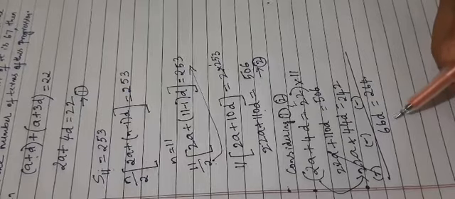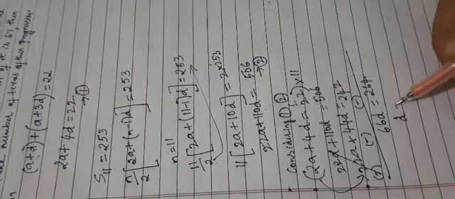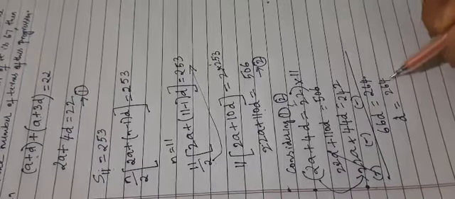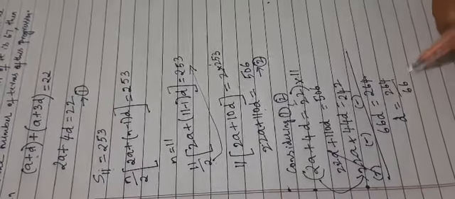Now we can get D from this. D is equal to 264 by 66.